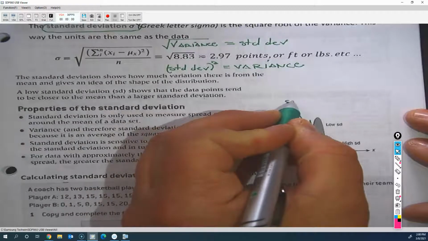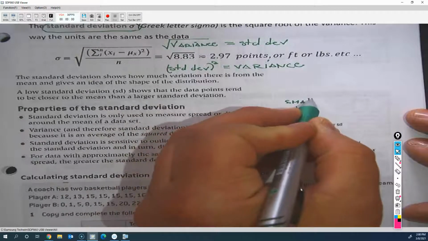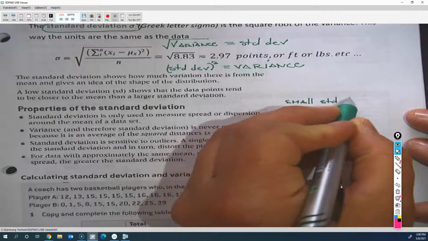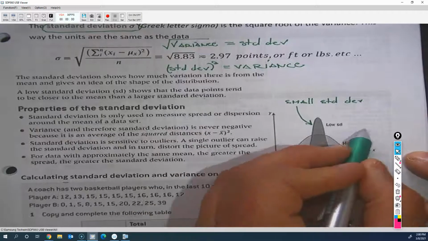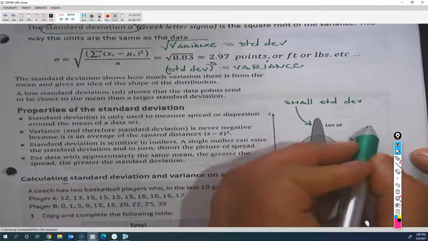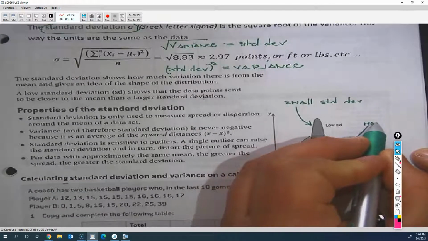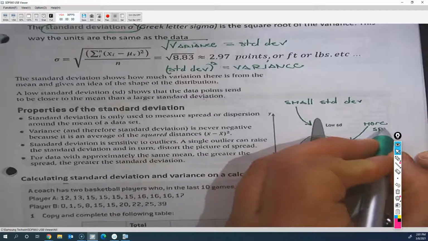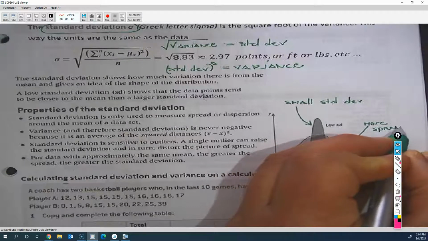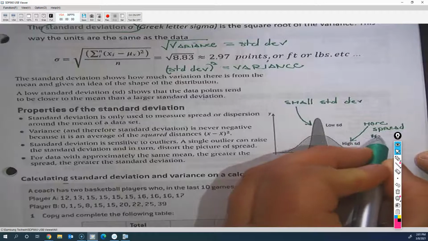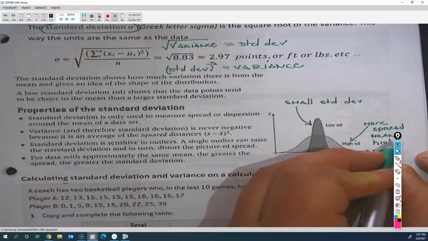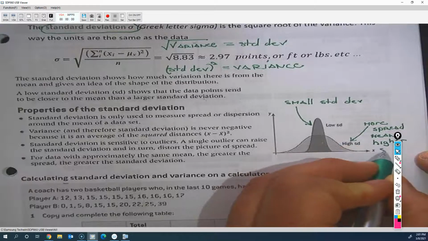This is data that has a small or low standard deviation. This data is more spread out because it has a higher standard deviation. More spread means higher standard deviation.